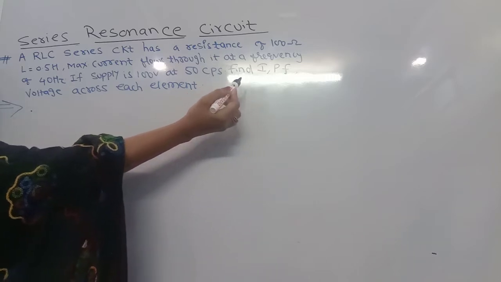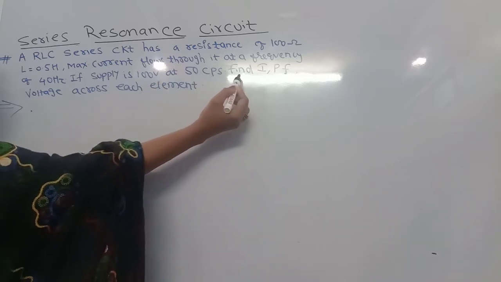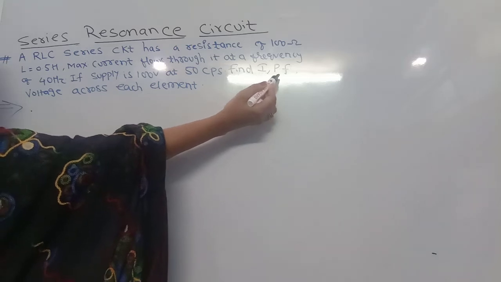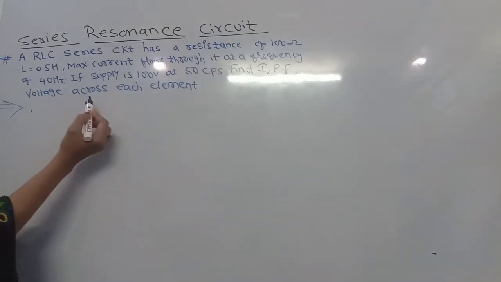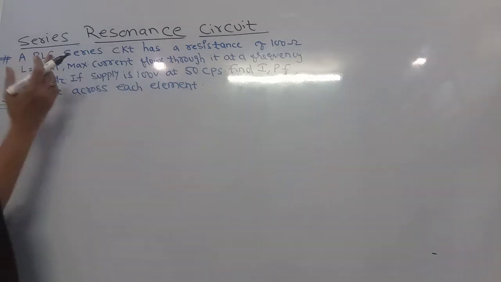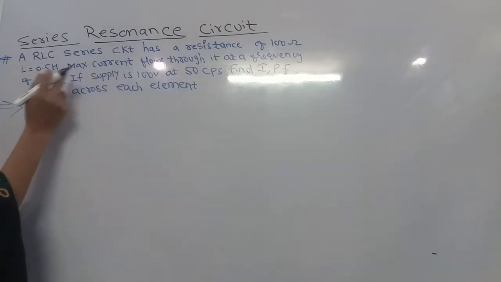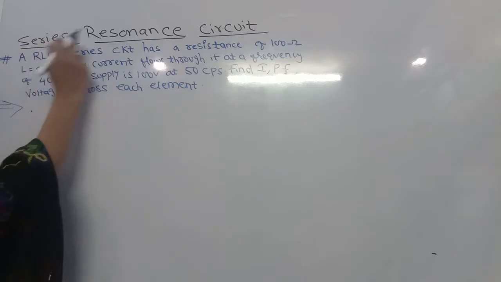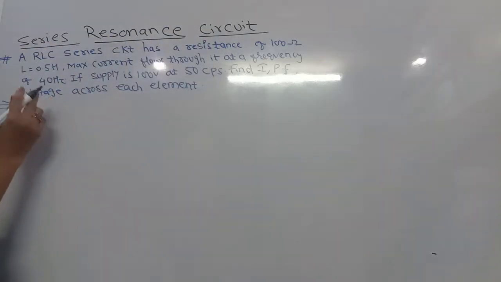First, find the parameters mentioned here. What you need to find is I, that is the current, PF, that is power factor, and the voltage drop across each element. If you observe this numerical, you will identify that it is related to series resonance circuitry. It means that R, L and C are connected in series.